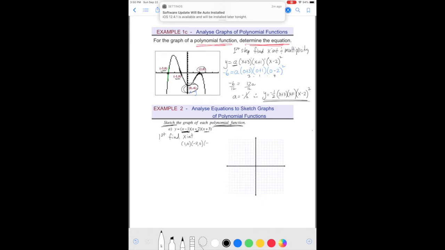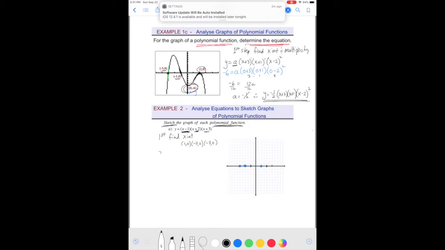The opposite of that is negative 3, 0. So we can put those on. I'm going to call that 1, that negative 1, that 2, that negative 2, that 3, that negative 3. Okay, so let's plot those. So 1, 0, we got a dot there, negative 2, dot, and negative 3, dot. All right, there's the first step.